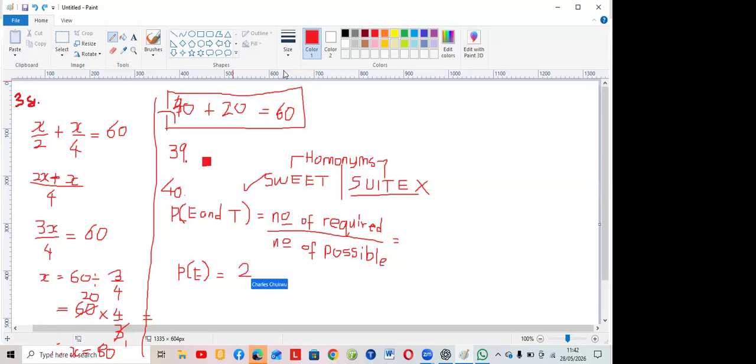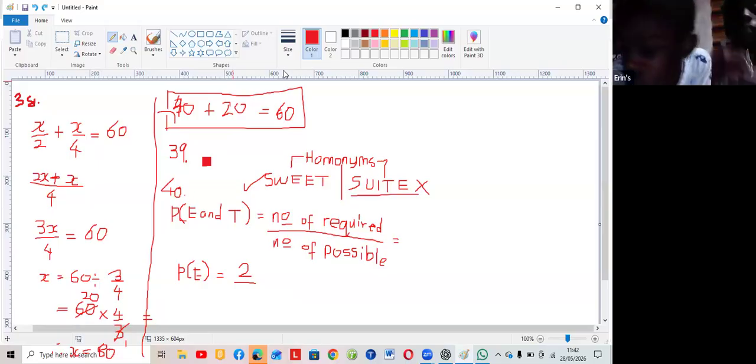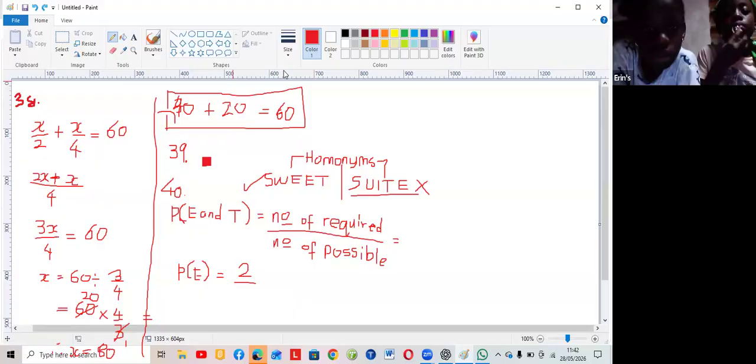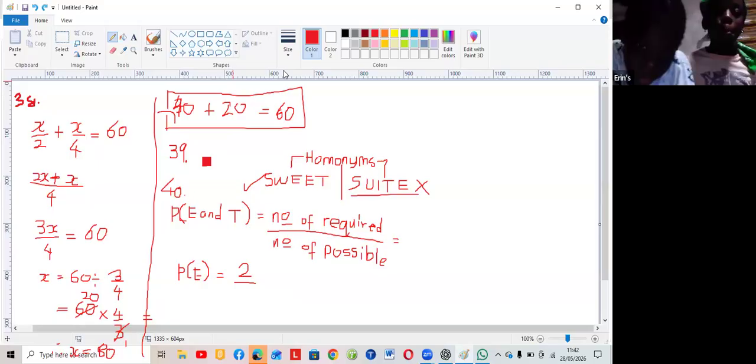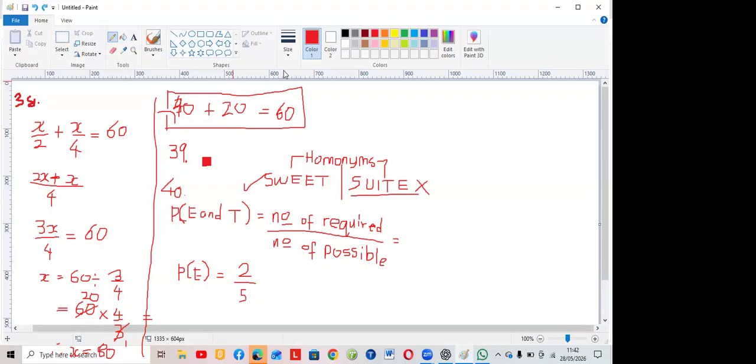Number of possible events. How many letters are there in the word sweet? You know, possible events is just everything. How many letters are there in the word sweet? Yes? 3. I mean 5. Thank you. It's 5. You don't want to count the E 2 times because it happened 2 times. No, you have to count everything.